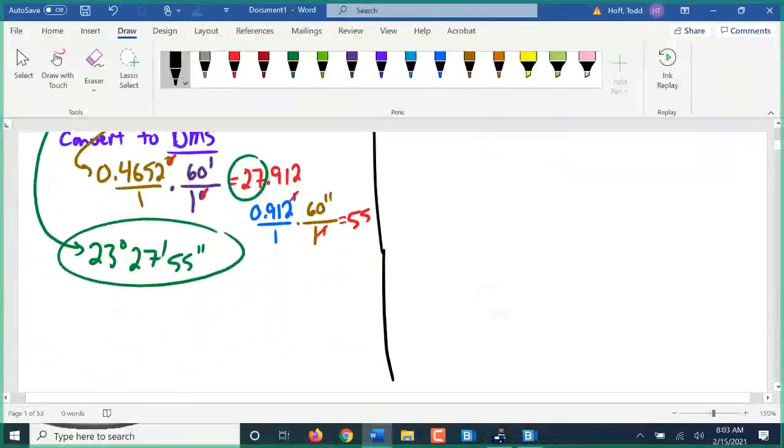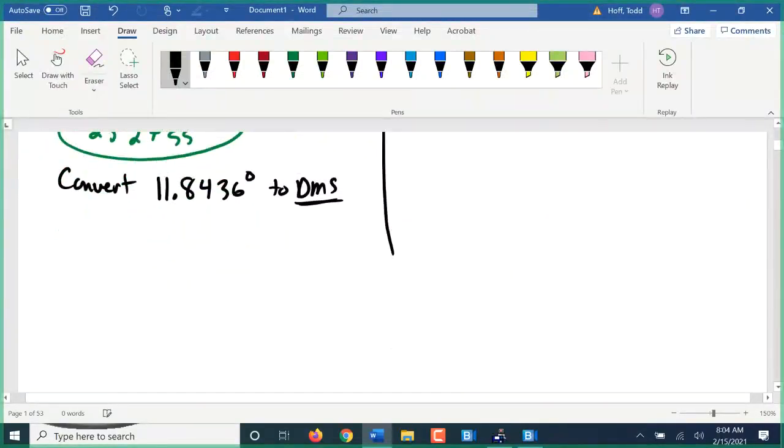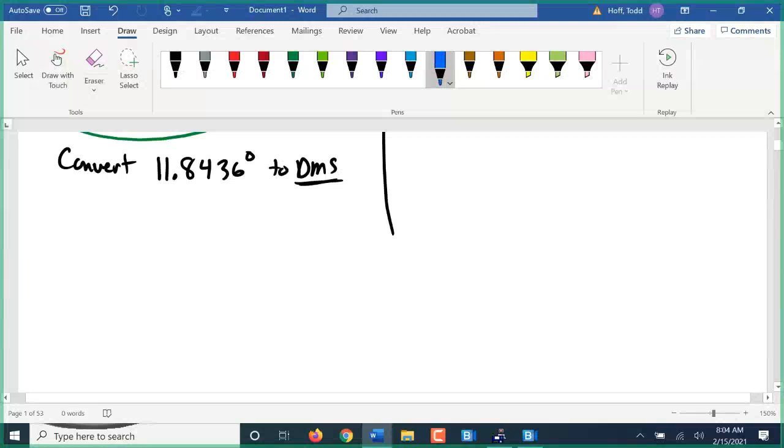Let's do one more. Let's convert 11.8436 degrees. I'll give you a second to get a head start on me, then we'll go over it.